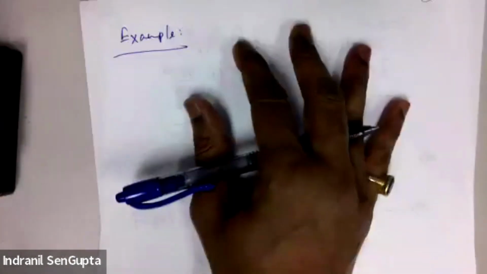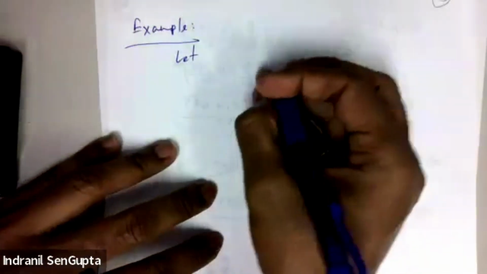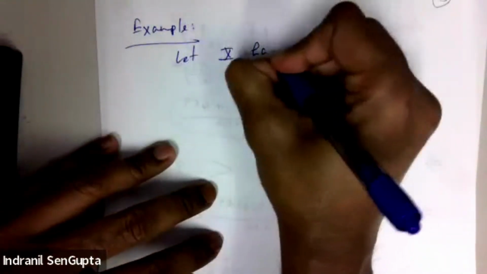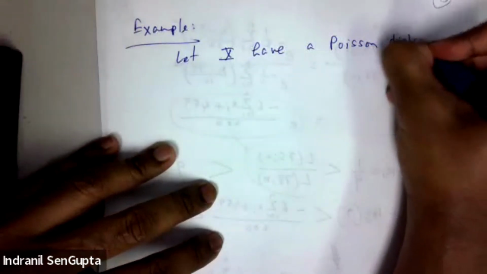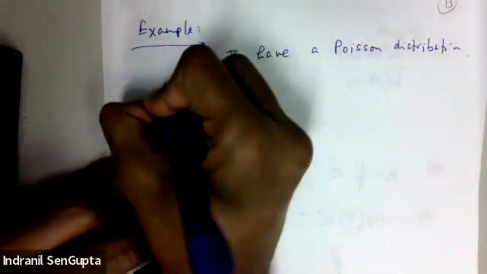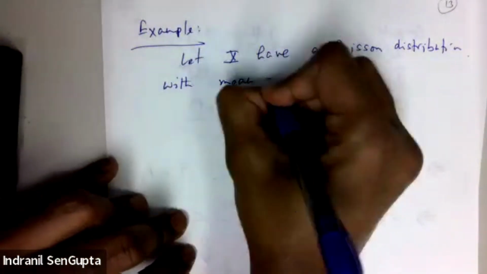This is example 8.4.2. It goes like this. Let X have a Poisson distribution with mean equal to theta.